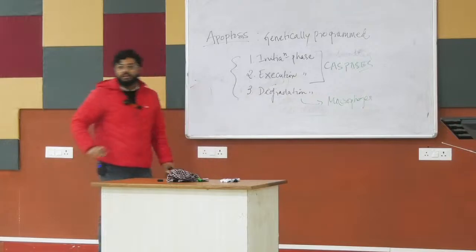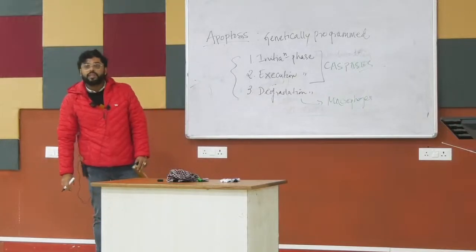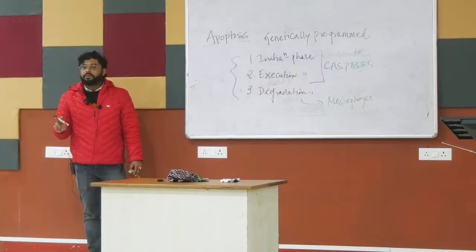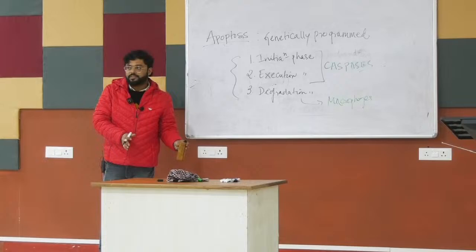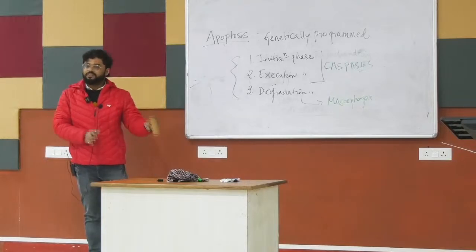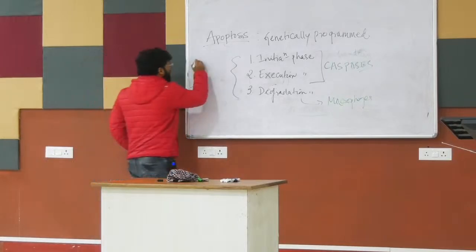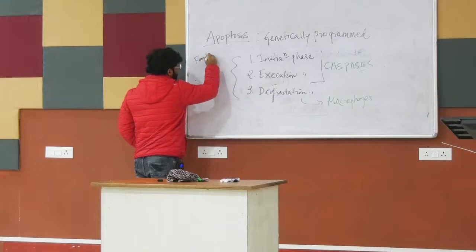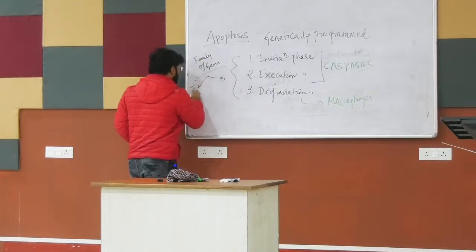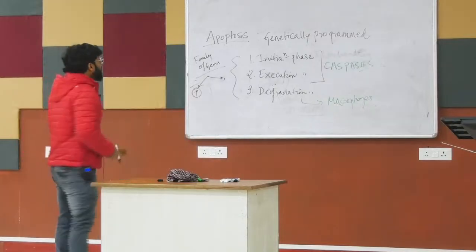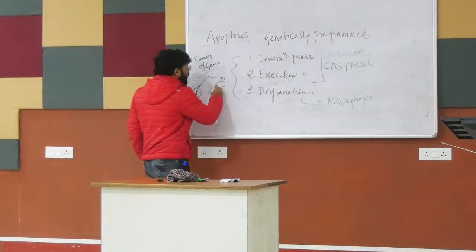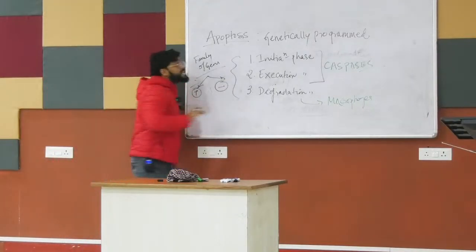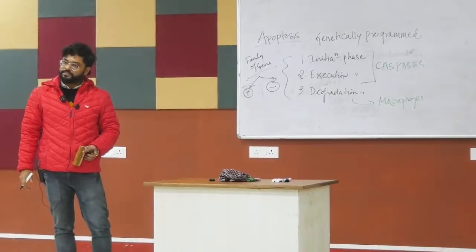Some genetic material. Actually, I should rather call it a family of genes. If the family of genes is facilitating apoptosis, they are pro-apoptotic genes. If the family of genes is inhibiting the apoptosis feature, these are known as anti-apoptotic genes.